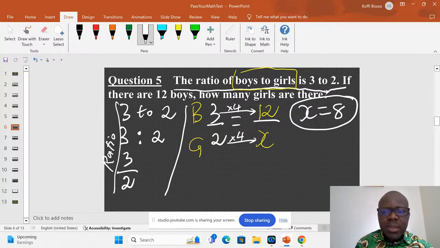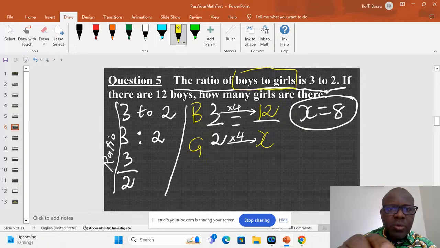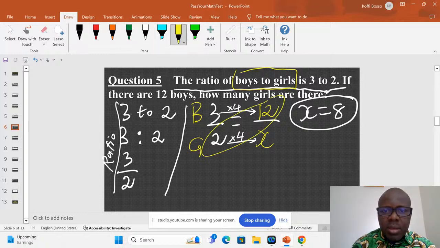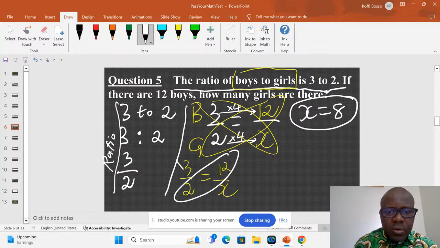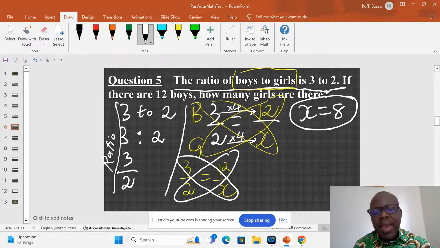The other method is cross multiply. What does cross multiply mean here? If I have 3 over 2 is equal to 12 over x, I can cross this. Multiplying 3 by x gives the same as 2 multiplied by 12.